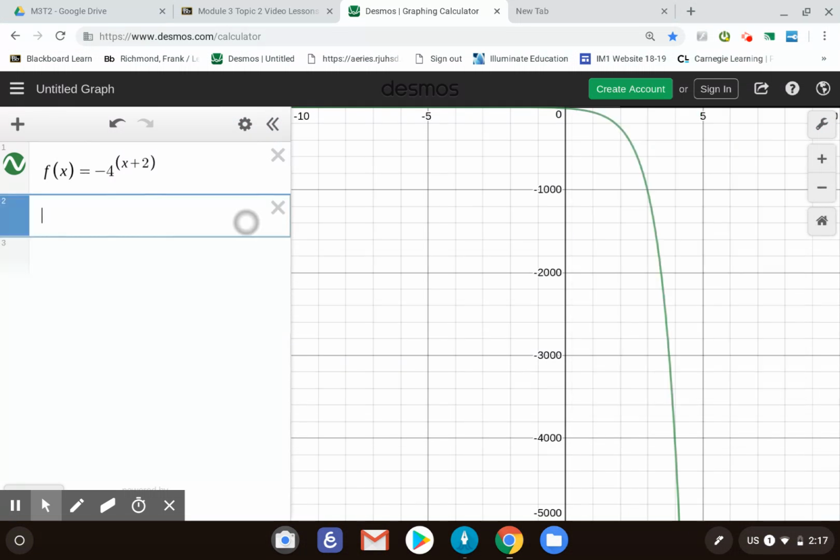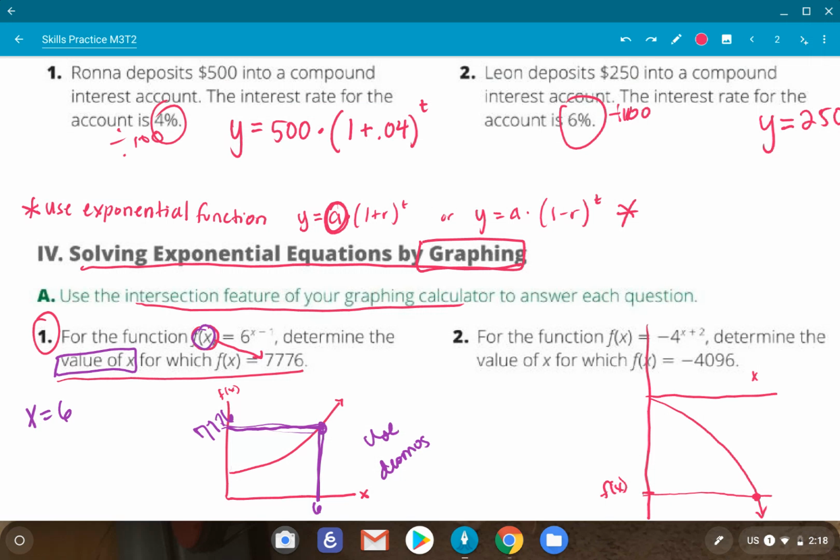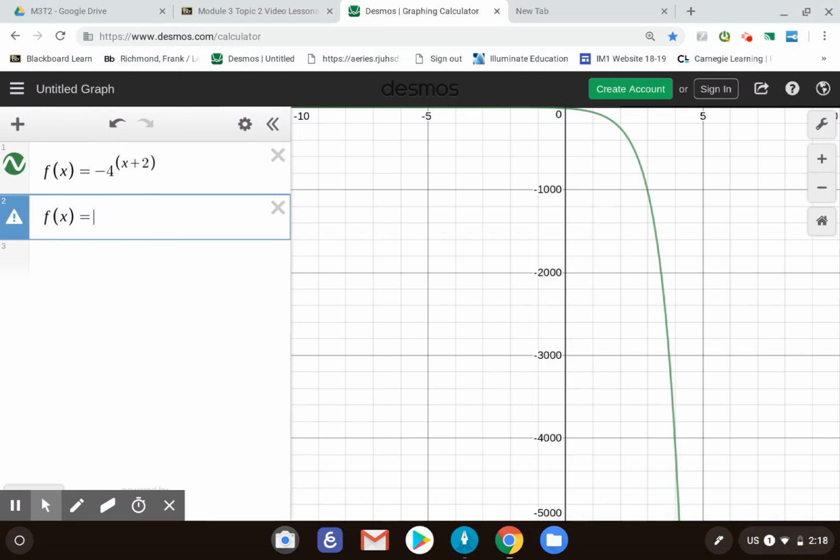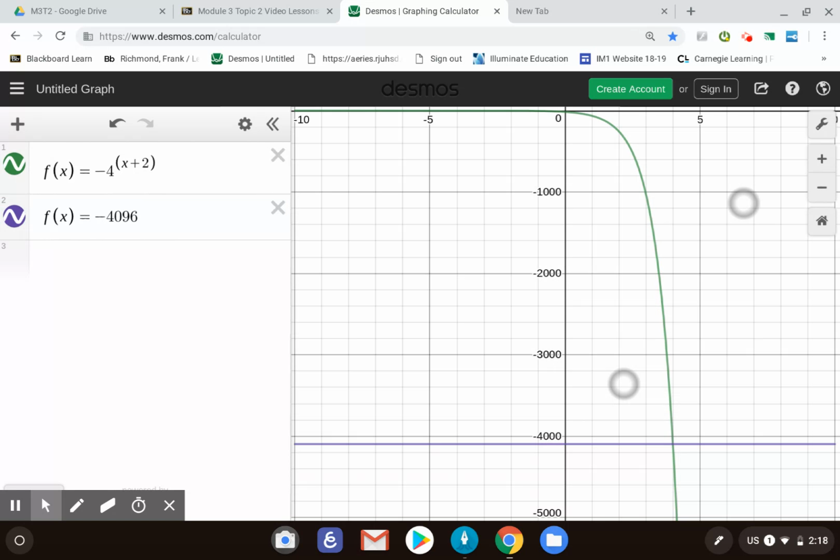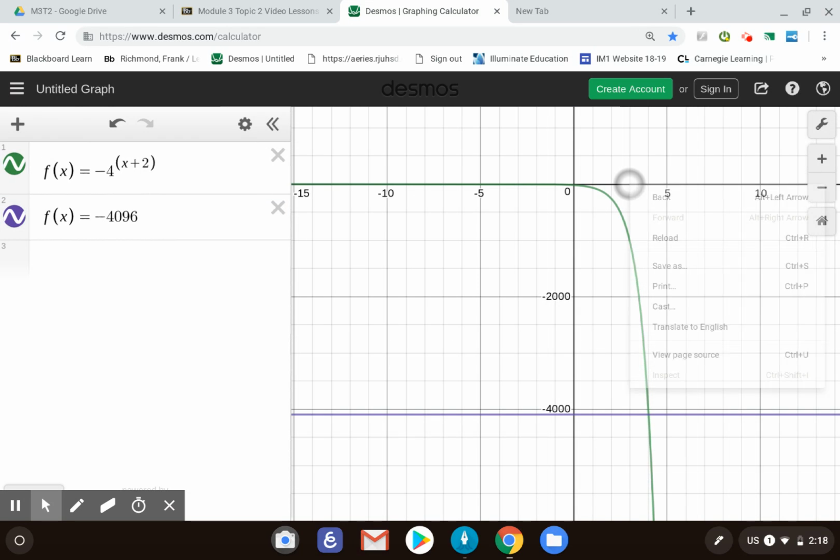And we want to know when that's equal to -4,096. And it's going to be when x equals 4. So you can go up to the x-axis right here.